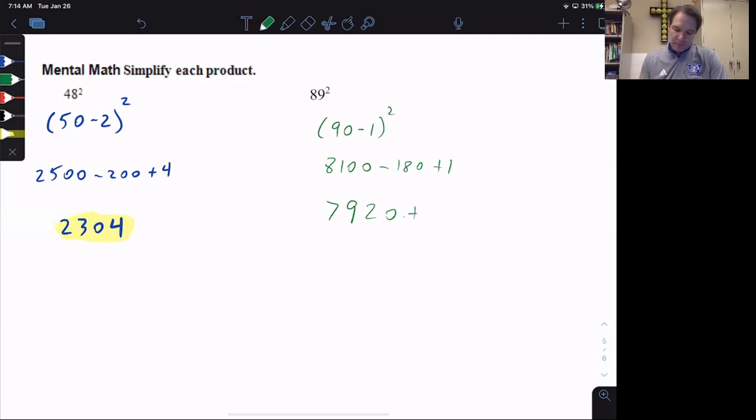And then you still have the plus 1. Right, now I think that this green one would have been a little bit tougher for people personally, but I mean, you can see the process, and without a calculator, you could figure this out, writing it out using this method. Okay. All right, that's mental math.